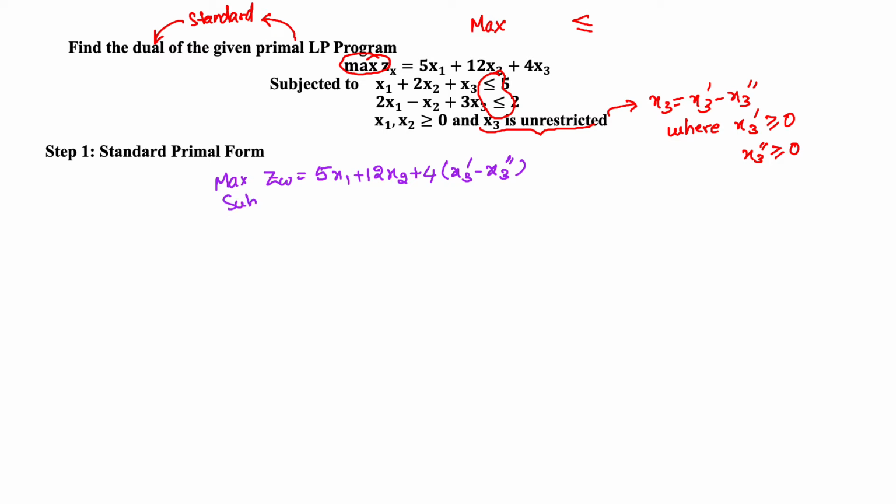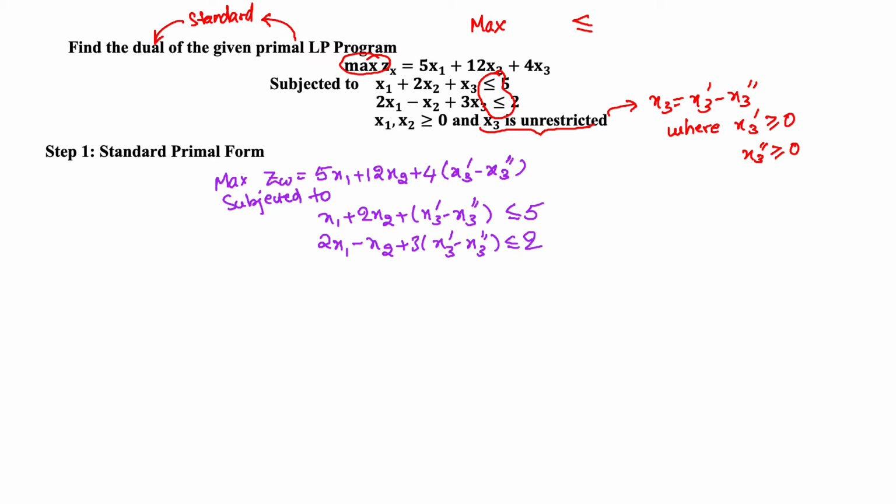And it is subject to x1 plus 2x2 plus x3 dash minus x3 double dash less than or equal to 5, and the second constraint equation will remain the same, the only difference is we will replace x3 with x3 dash minus x3 double dash, which is less than or equal to 2. Okay. So that's my standard form, where x1, x2, x3 dash, x3 double dash are greater than or equal to 0. Okay. So the next step is to convert to dual form.